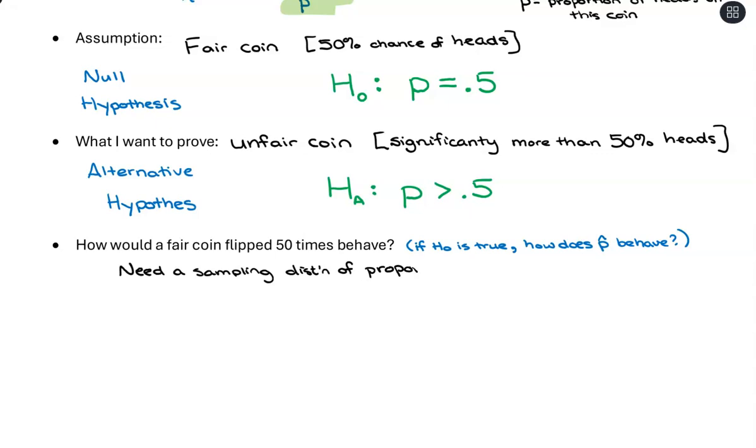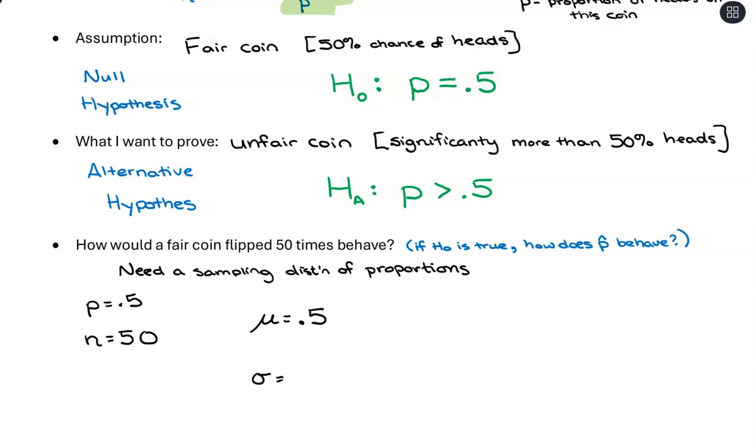So what we have here is an assumed proportion for our population, p is 0.5. We have a sample size we want to work with, n of 50. And with that, we want to build a sampling distribution. For our sampling distribution, we need a mean and standard deviation. The mean is equal to that population proportion.